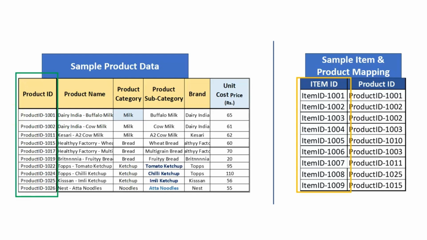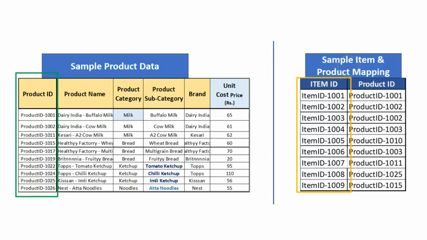Our data has product ID, and each product ID present in the system gets captured here. Each product can have multiple items linked with it, and each item should only be linked to one and only one product ID. Now if we see the second picture here, it is the sample item and product mapping.